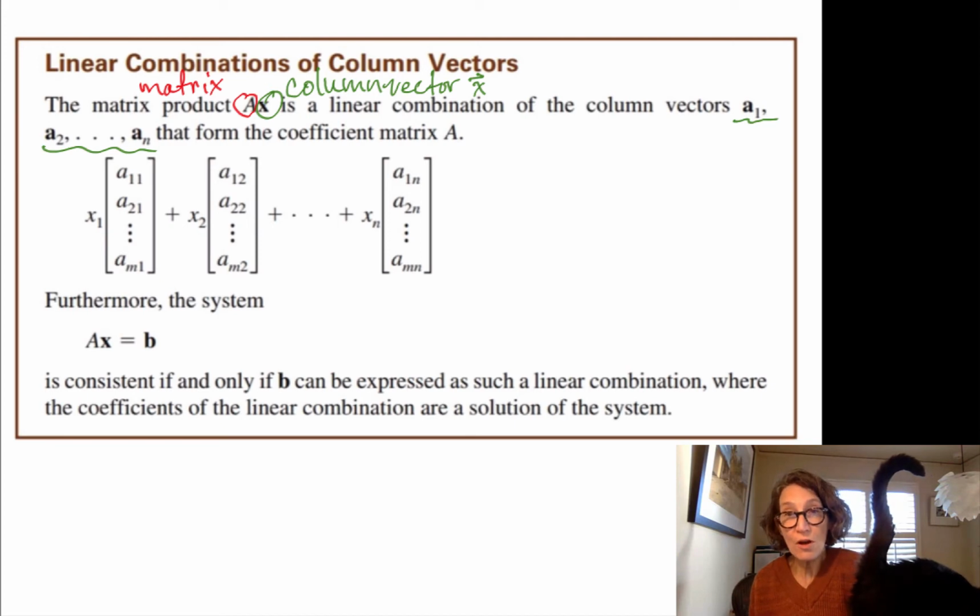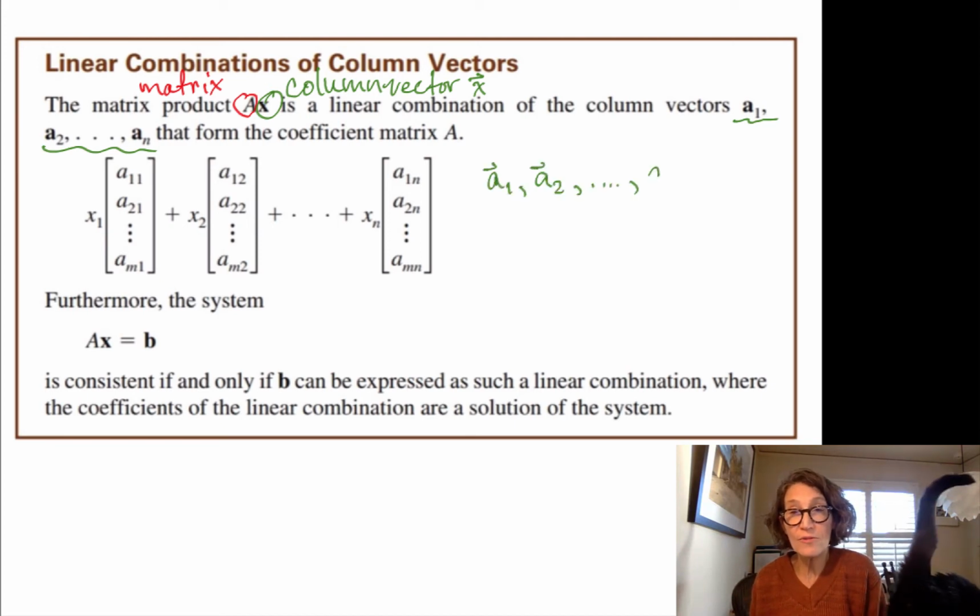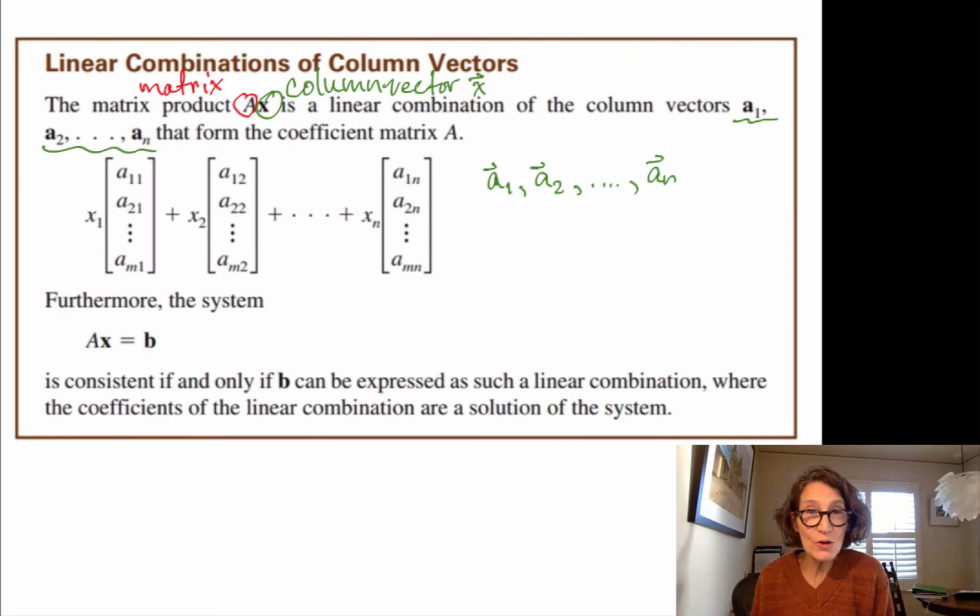Those are the columns of the coefficient matrix, so those are column vectors. And in your notes, you've got to put little arrows on top. So anything that's boldface in the book has arrows on, or I call them hats. They're wearing little hats because they're vectors. In your notes, the vector b, it's boldface in the book, but in your notes, it has to have a little hat on it or an arrow.